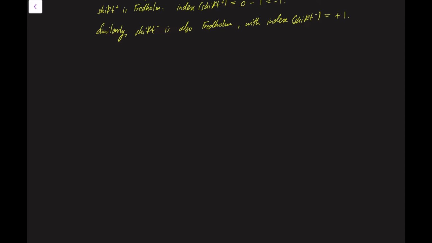Or what's the index of the sum of two operators? Or what's the index of the composition of two operators? These are some questions that probe the algebraic properties of the index, and that's what we're going to explore next. So let's write down algebraic properties of the index.